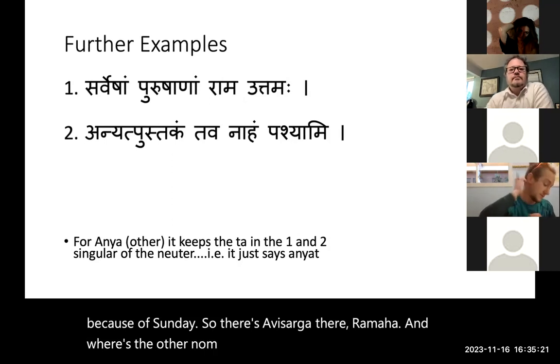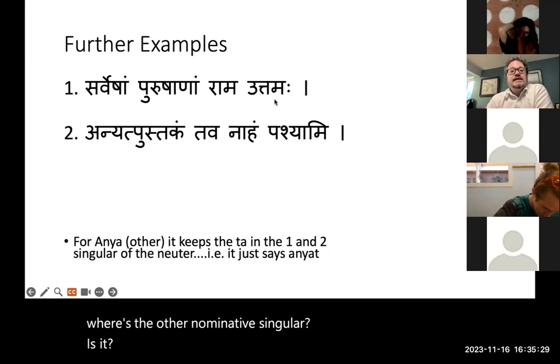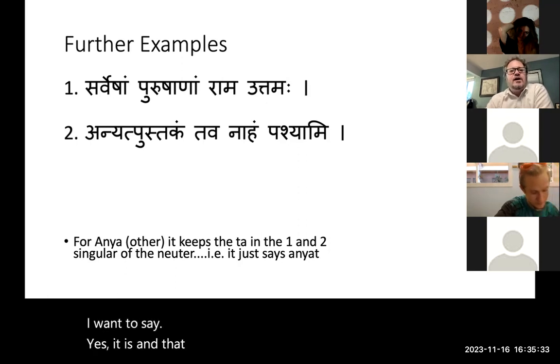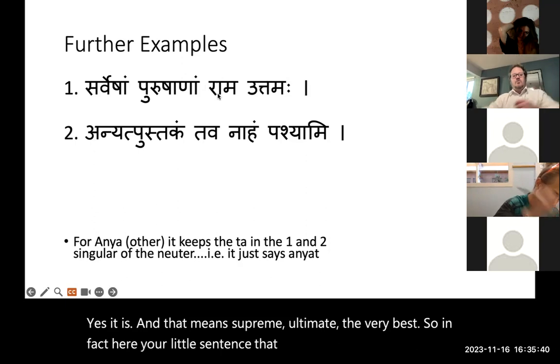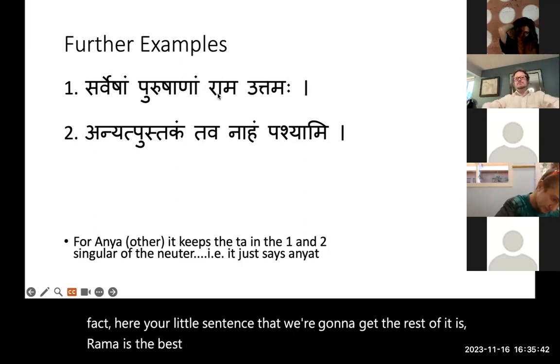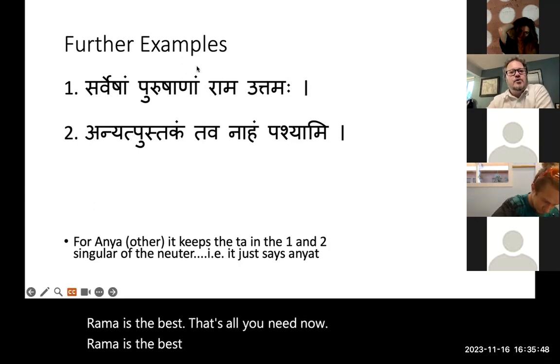I want to say Uttamaha. Yes, it is. And that means supreme, ultimate, the very best. So in fact, your little sentence that we're going to build the rest of it from is, Rama is the best. That's all you need. Rama is the best. Rama in the forest is the best.